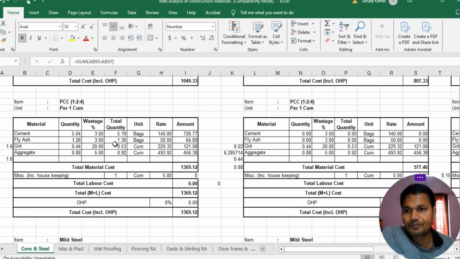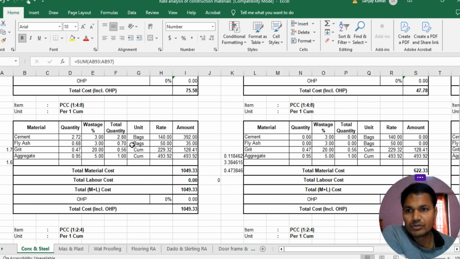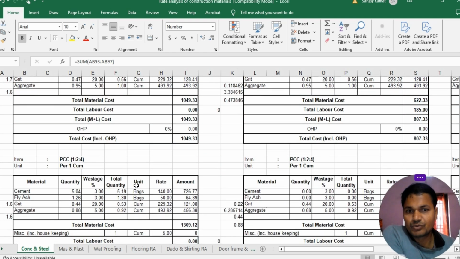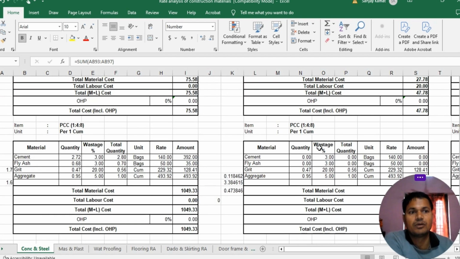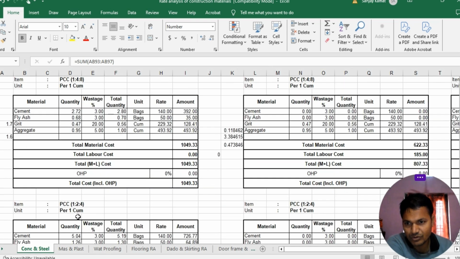Okay, so again we will do the same. PCC third we have done, now we will do PCC 4. See, in the previous PCC, what ratio did we use? We used only 1 ratio 4 ratio 8, but this time for the PCC we will use 1 ratio 2 ratio 4.